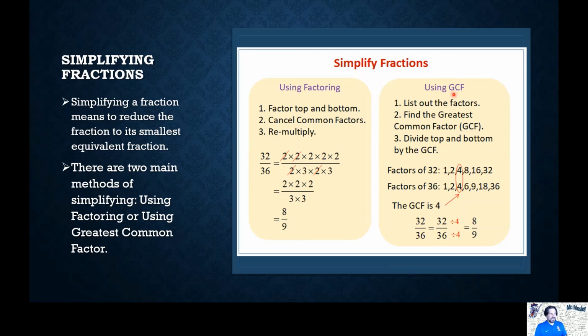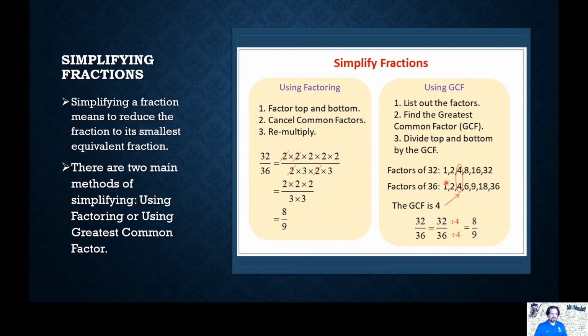Using the greatest common factor technique, we list out the factors, find the greatest common factor, and divide top and bottom by the greatest common factor. All right, so we have factors of 32: 1, 2, 4, 8, 16, and 32. Literally anything that can divide 32 is a factor.